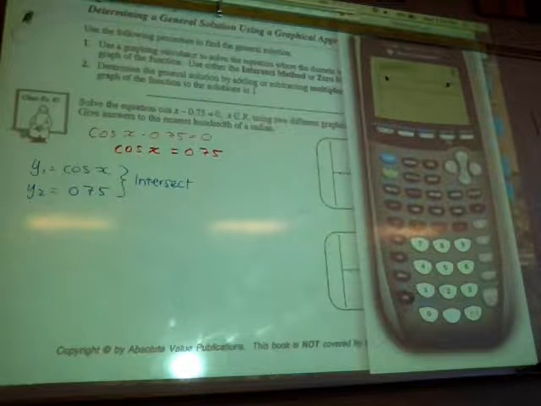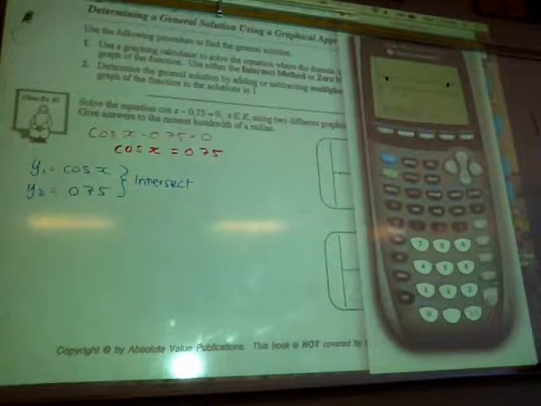So second trace, number 5 for intersect. Just get nice and close to that intersection point, press enter 3 times, and we're getting 0.72. That's the nearest hundredth.